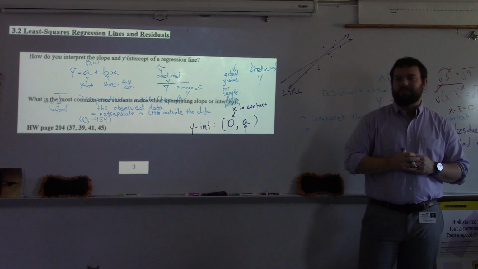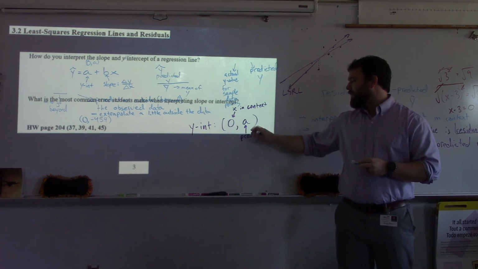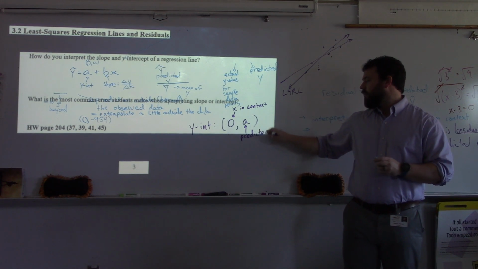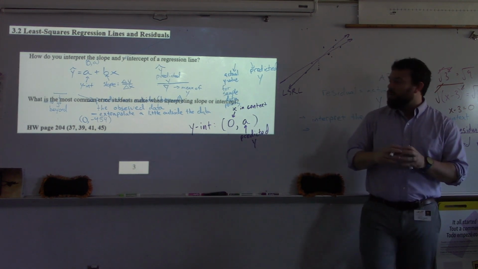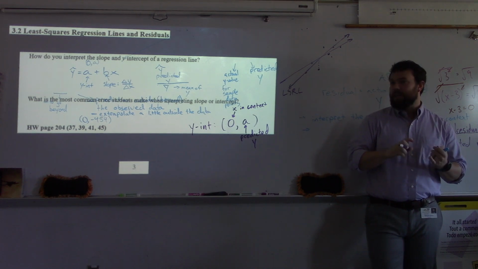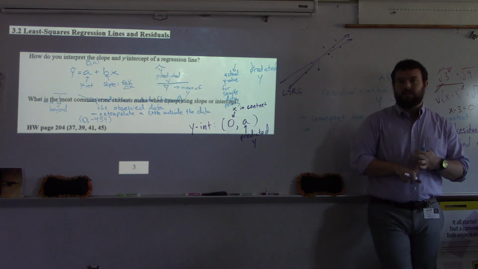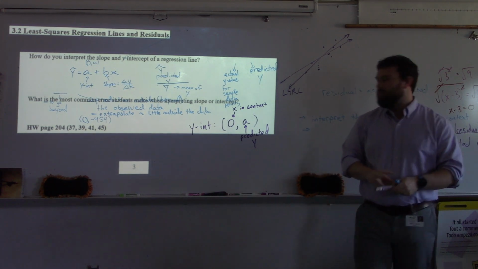It is a predicted y, exactly. So when you are asked to interpret the y-intercept, you need your x value in context, and you need to talk about whatever that y value is as a predicted y and also in context.